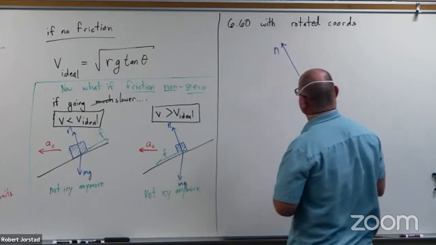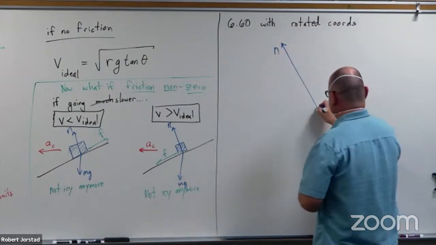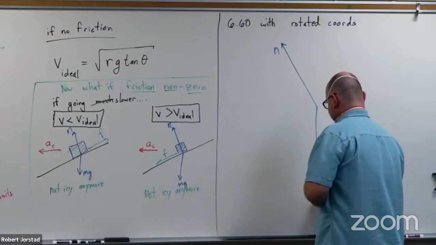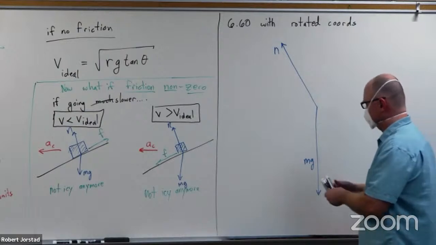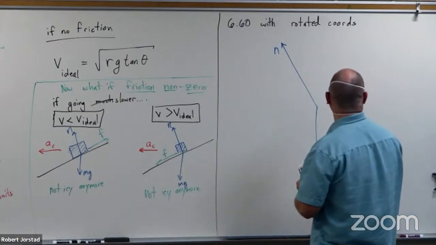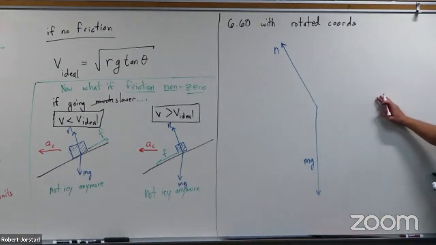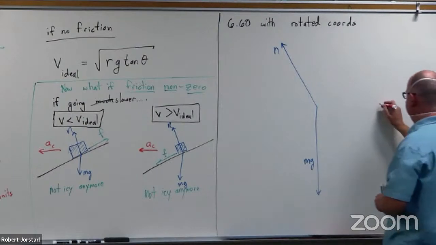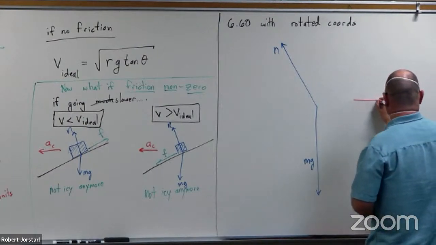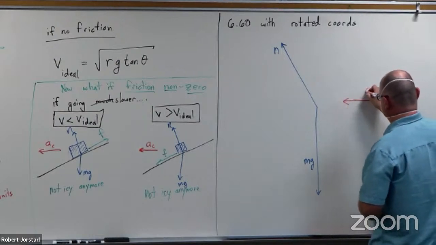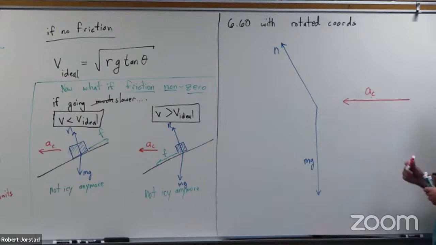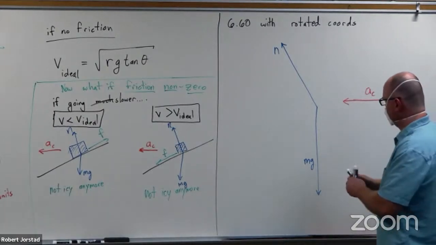Normal force right here. mg, label it right here. Now, am I still on right here? Yeah. Okay. Draw that AC arrow a little bigger than you think. And then a little bit bigger. Because we're going to have to split up AC now, right? We're going to use our rotated coordinate system.